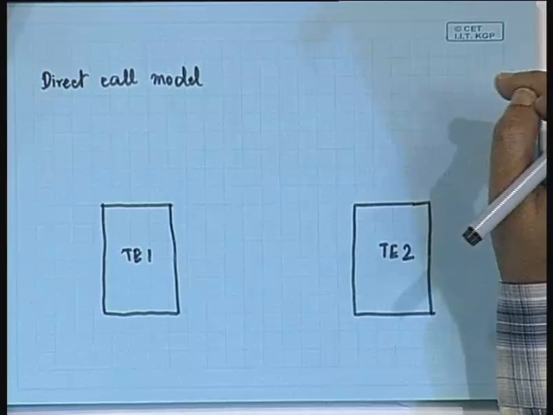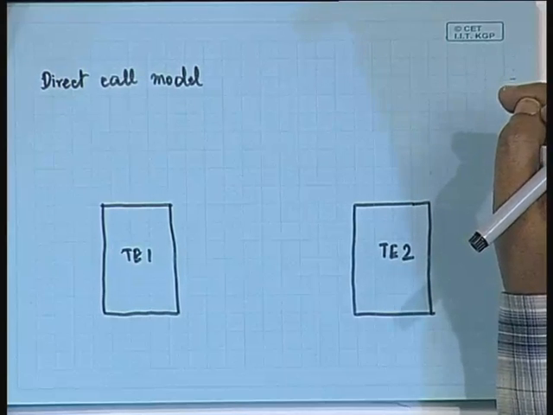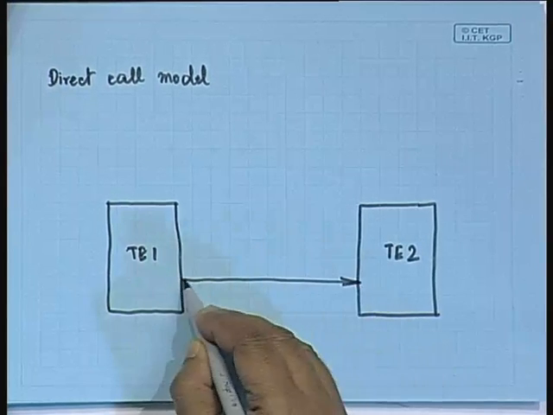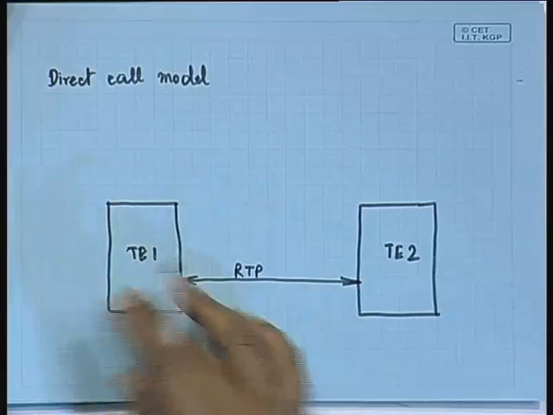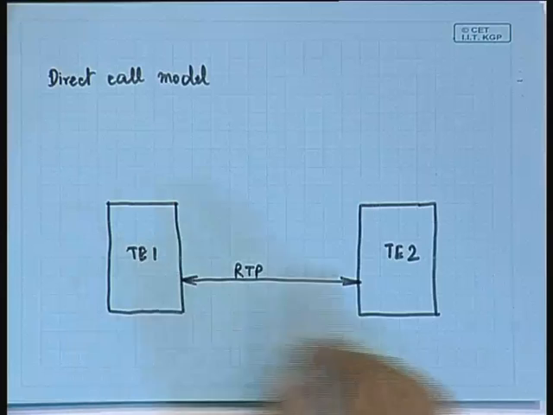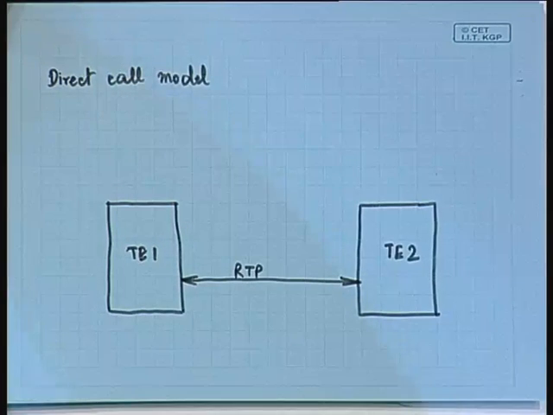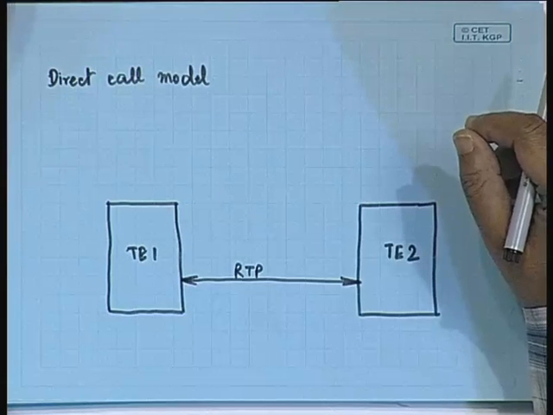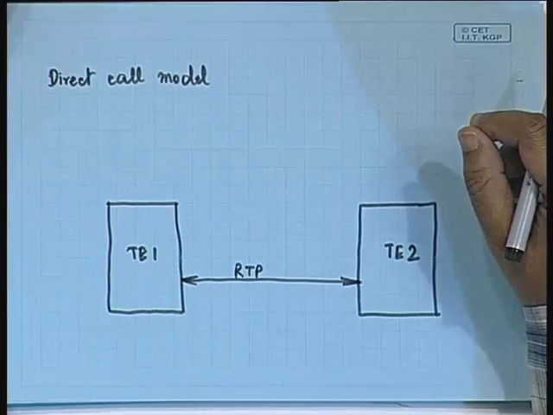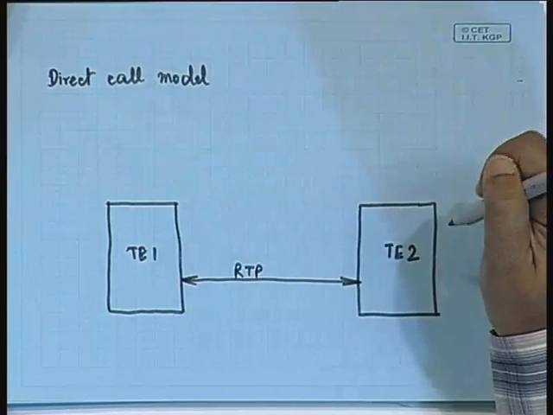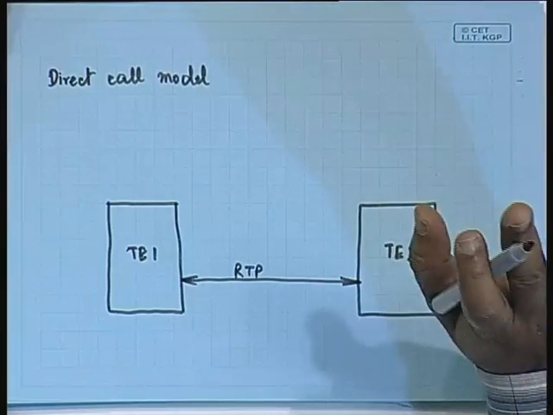Now, obviously as far as the data part is concerned, the RTP would be the protocol that would be followed in order to exchange the voice packets between TE1 and TE2, but before that some signaling is really required, signaling and negotiations. Now, in the direct call model, the signaling and the negotiations are done between TE1 and TE2 without the involvement of the GK, the gatekeeper.